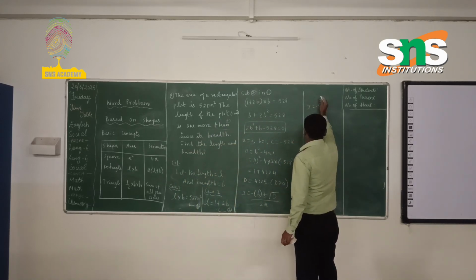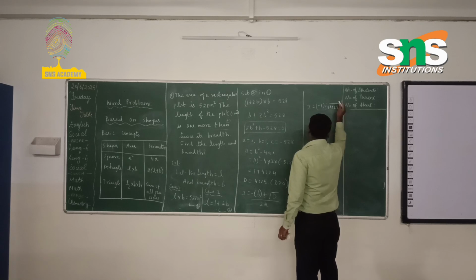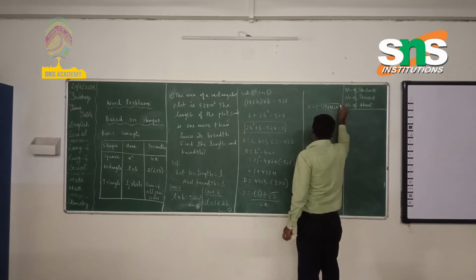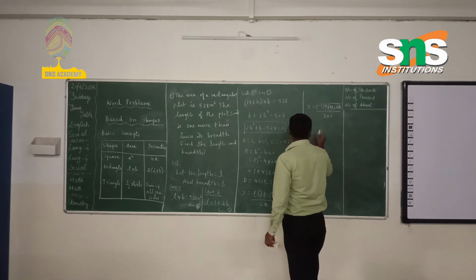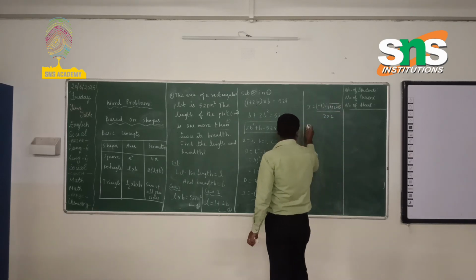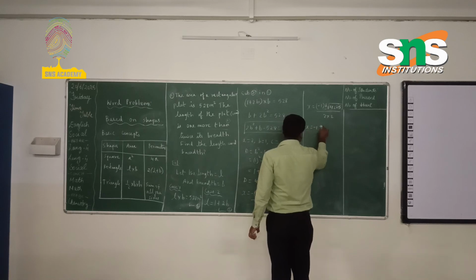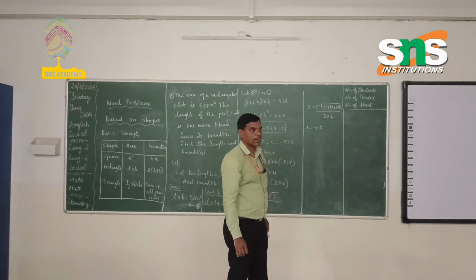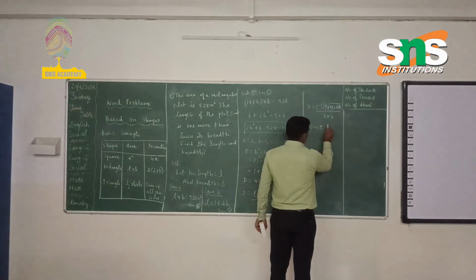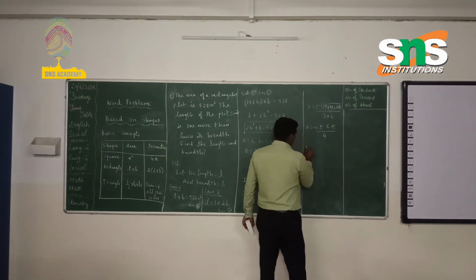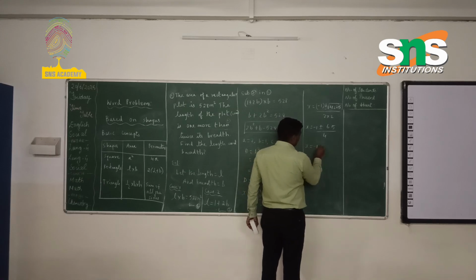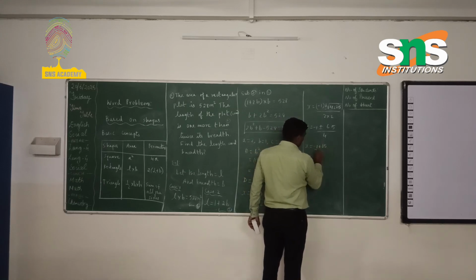It is minus 1, plus or minus root of 4,225, divided by 2 into the a value, which is 2. What is the square root of this? 65. Divided by 2 into 2, how much is it? 4. So x is equal to minus 1 plus 65 by 4.